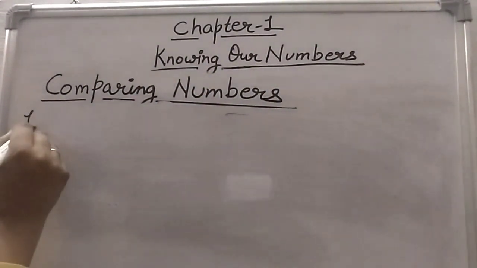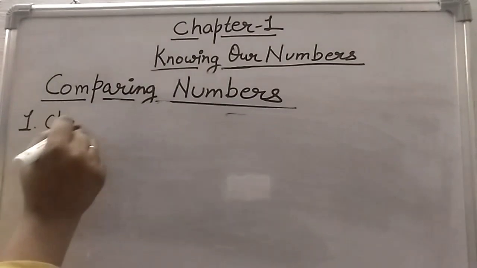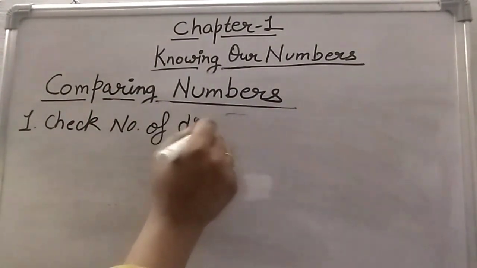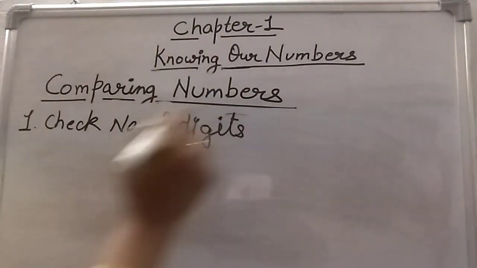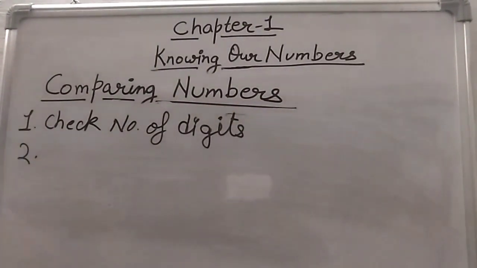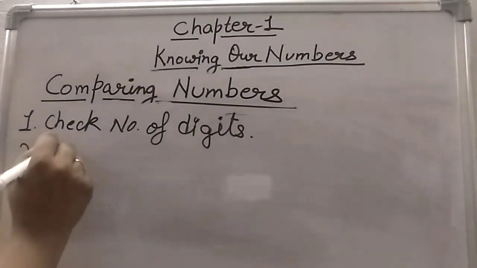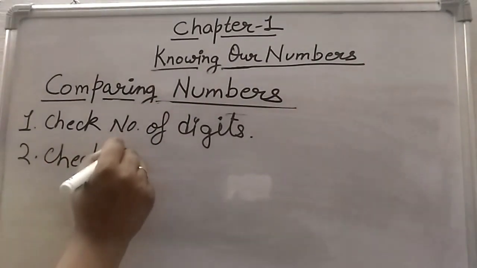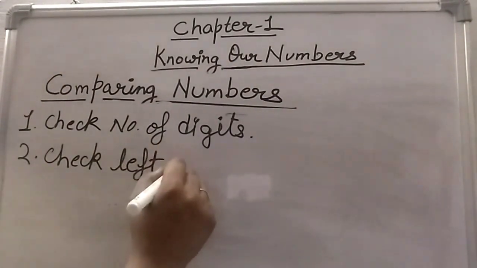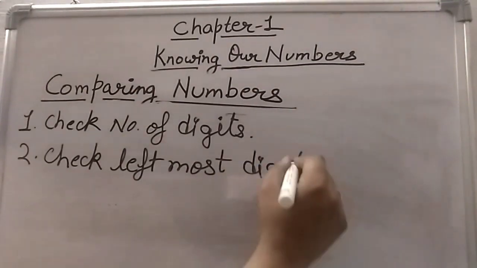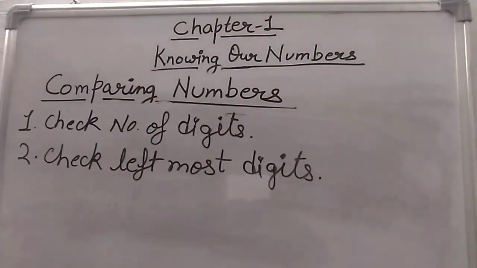Step 2, if the number of digits are the same in the given numbers, we will check the leftmost digit of the numbers. Again, if the leftmost digits are the same, then we will come to the next step.